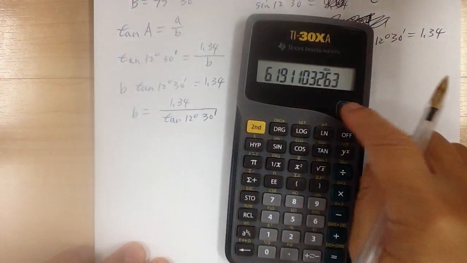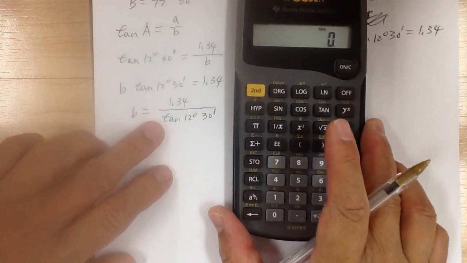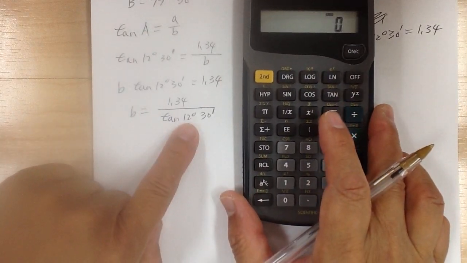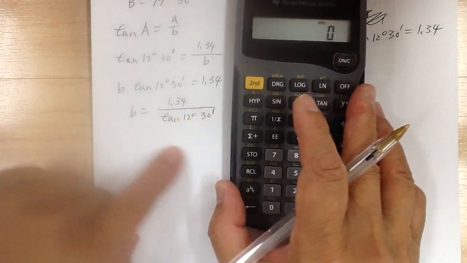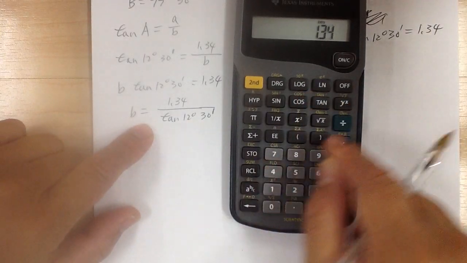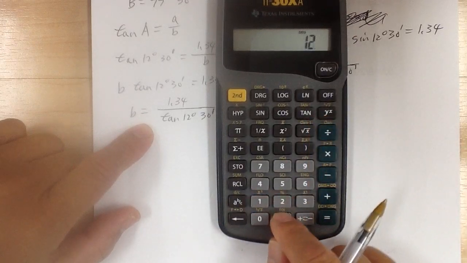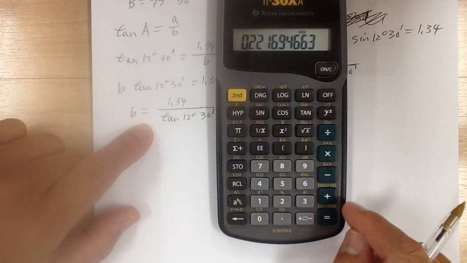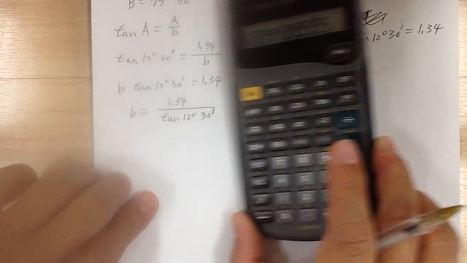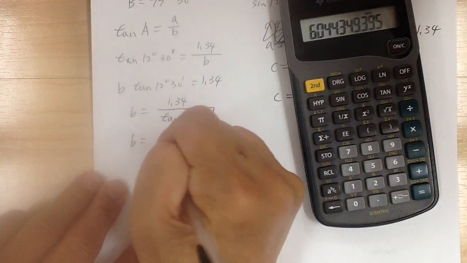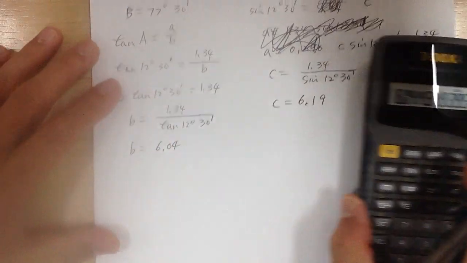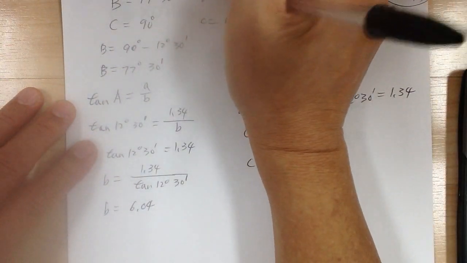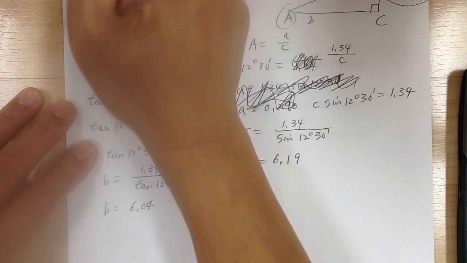Now, if you know this is 12.5 degrees, then it'll be a little bit easier to divide. So you can just go 1.34 divided by 12.5 tangent equal, let's give you 6.04. If not, then you have to go through the whole process of doing the reciprocal thing. So B equal to 6.04. There you go.